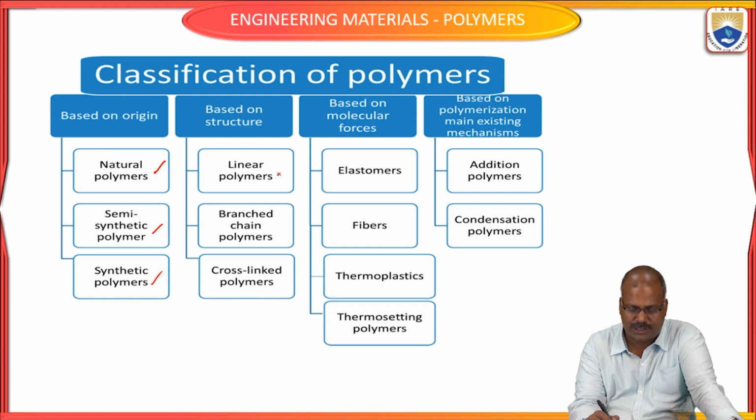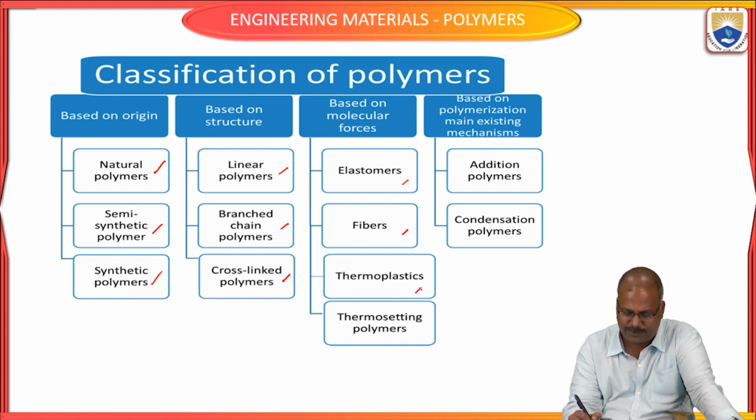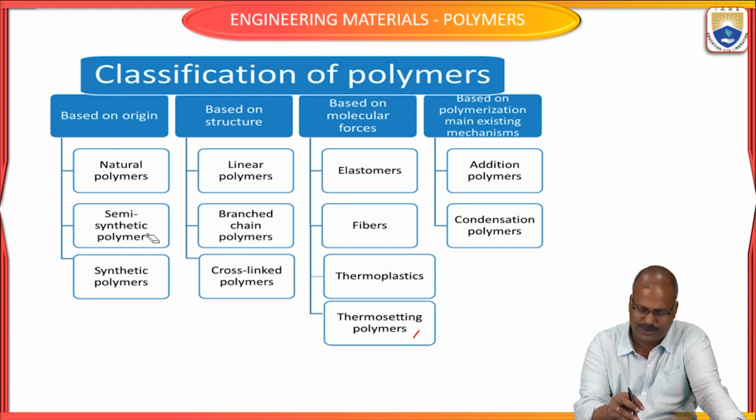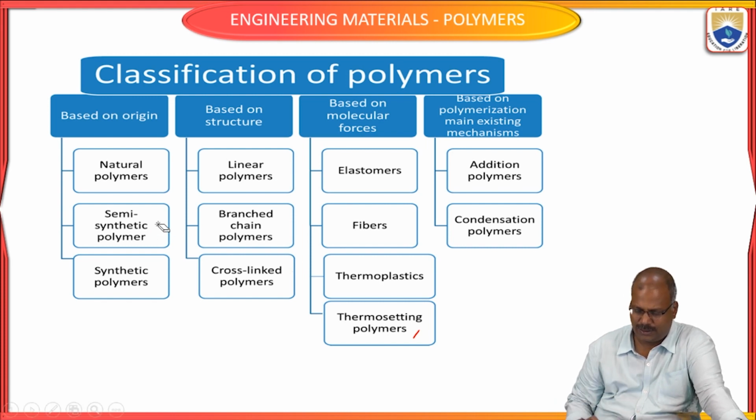Based on structure: linear, branched, cross-linked. Based on intermolecular forces: elastomers, fibers, thermoplastics, thermosetting polymers or thermosetting resins. Based on polymerization mechanism: addition polymers and condensation polymers. So this is how we have seen the classifications of polymers in the last class.